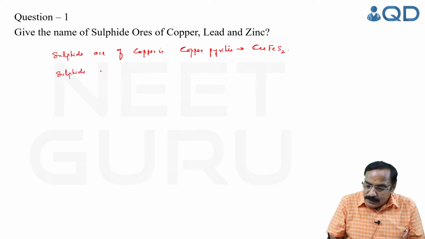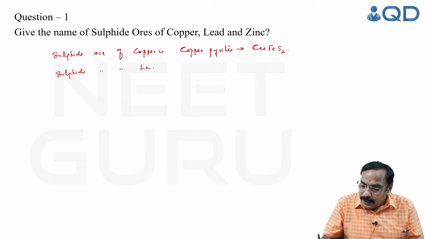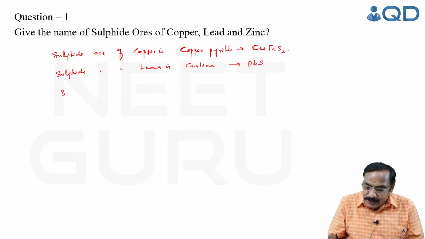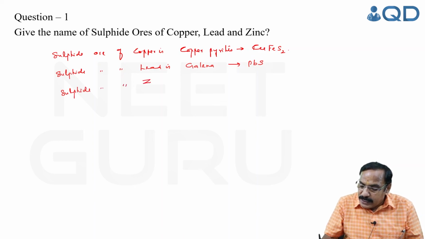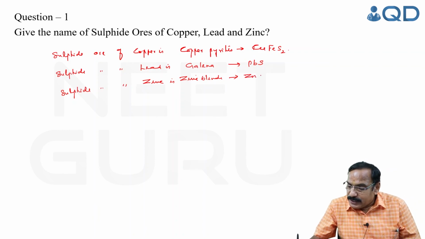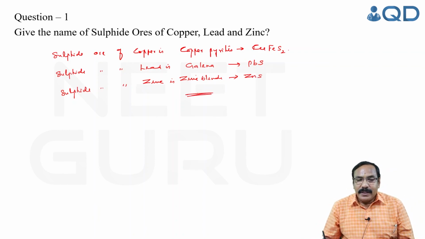The sulfide ore of lead is galena, which is lead sulfide. The sulfide ore of zinc is zinc blende. You must remember the name as well as the composition. It is zinc sulfide.